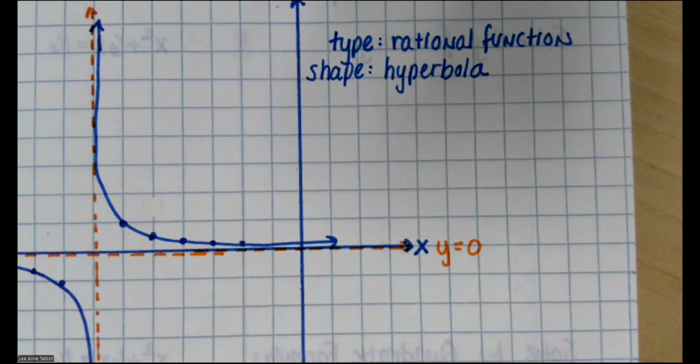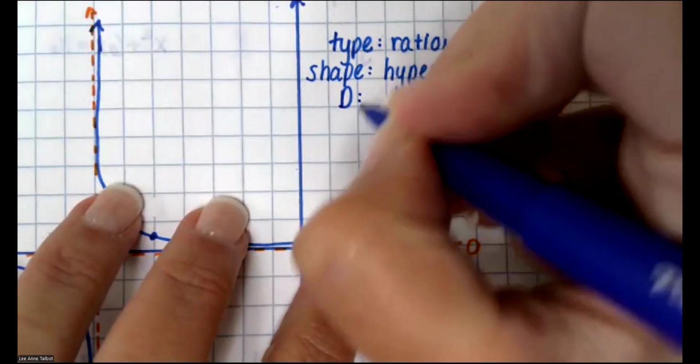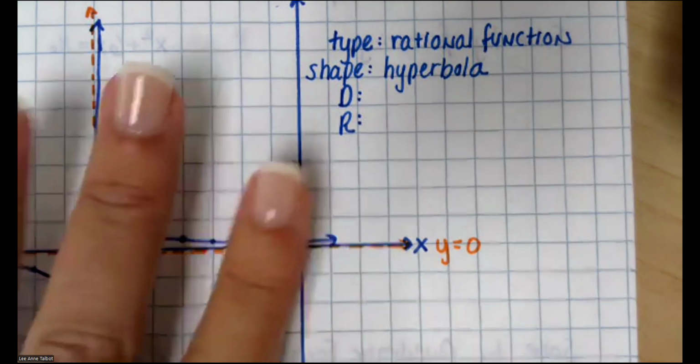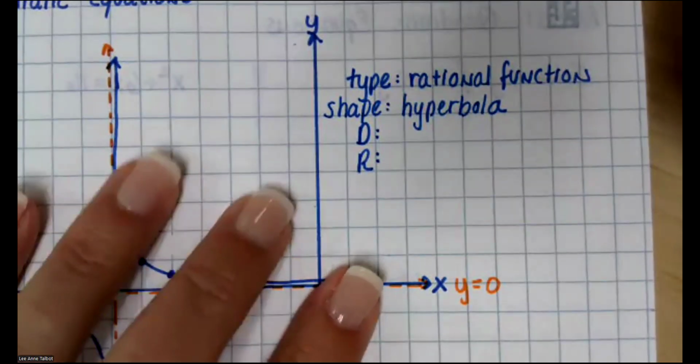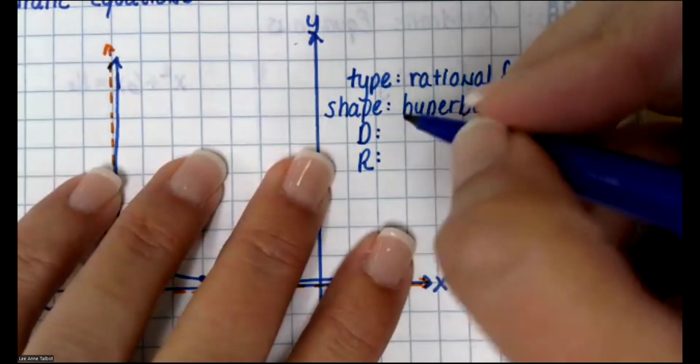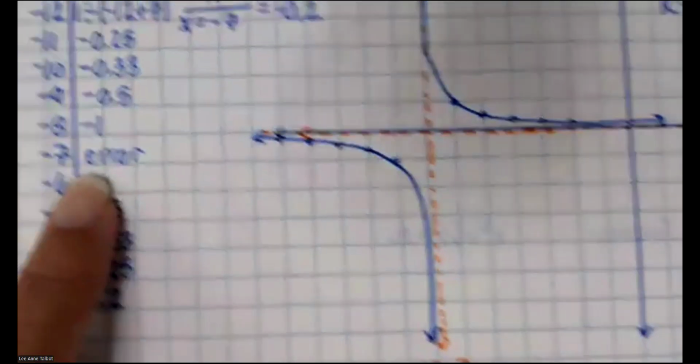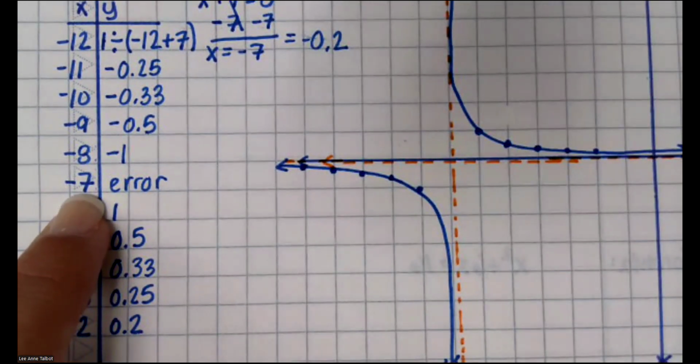Okay, what was the next thing we did on our poster? Looking over our poster, domain and range? Yeah. Okay, so this is how I write the domain and range for a hyperbola or a rational function. I go to where the error is and I say, okay, x is going to be everything except -7.